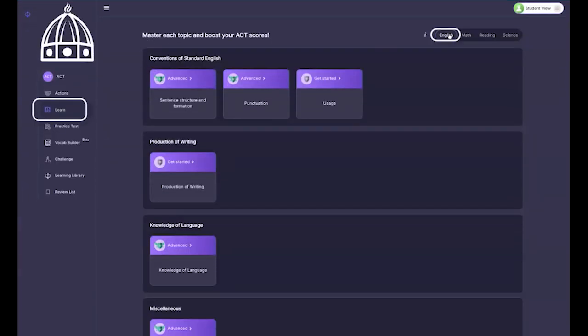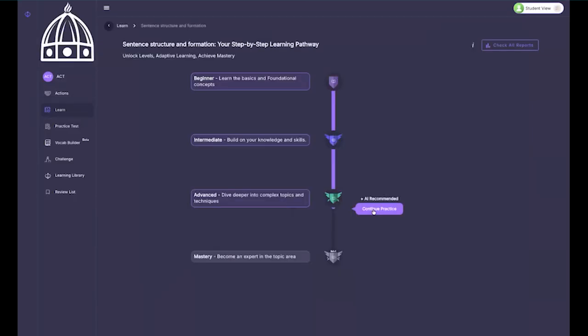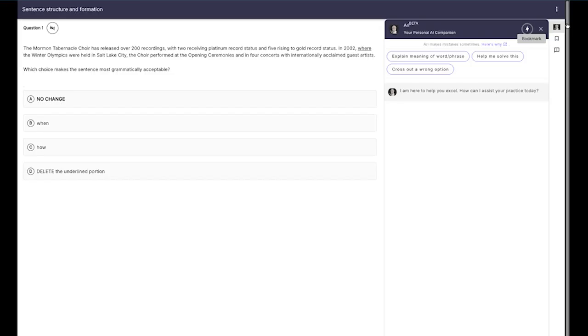And step 3 is to practice all the grammar skills necessary to answer those grammar questions that ask you which answer choice is grammatically acceptable quickly and accurately. If you practice the grammar skills in the Learn section of the study guide, you will get better at answering these questions correctly. And you'll get faster, which is key.